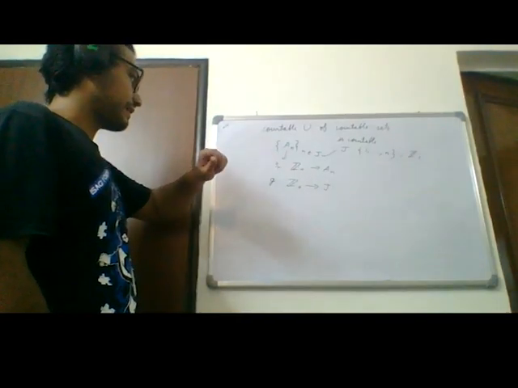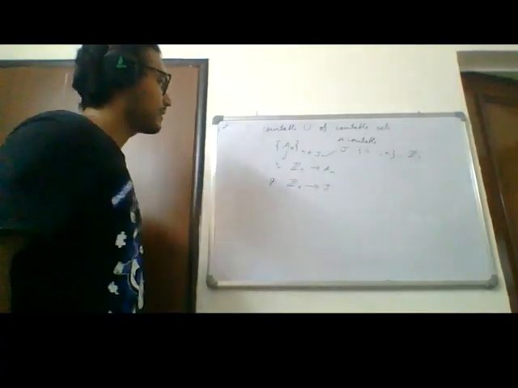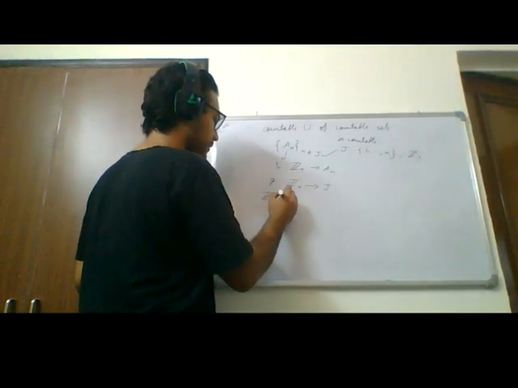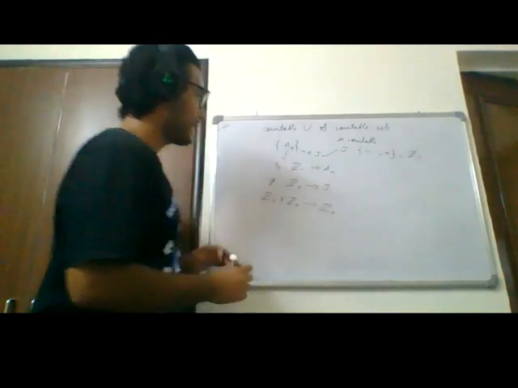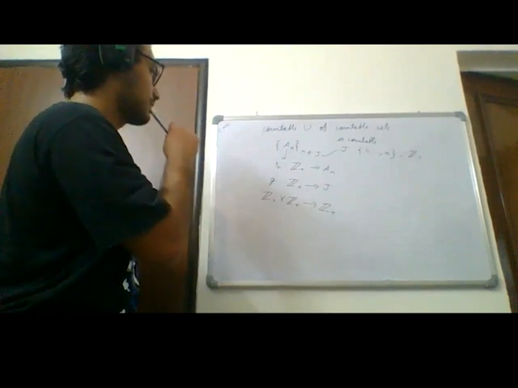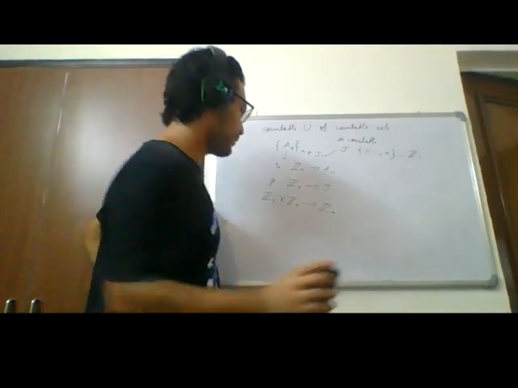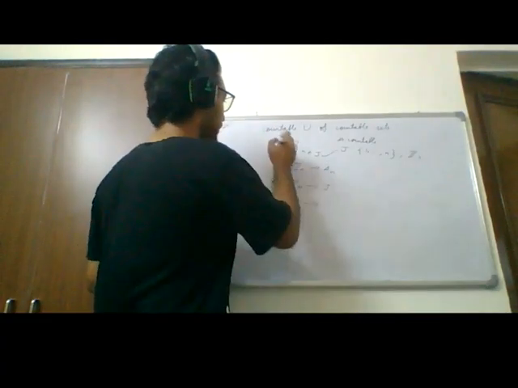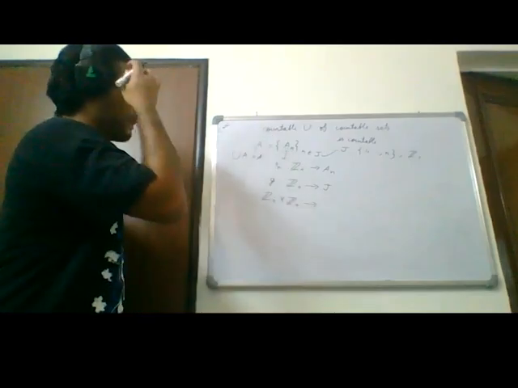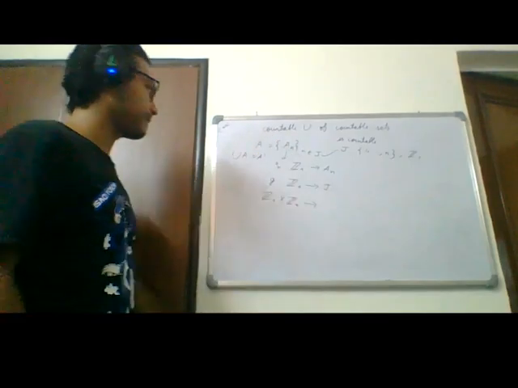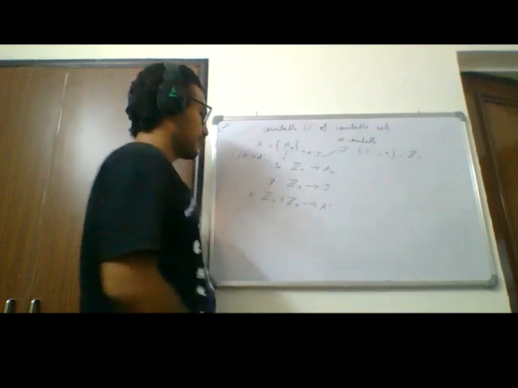So for each j, we have an f_n, because they're indexed by this set J. From this, we can get a function from Z plus cross Z plus to the union of A. The union of A is essentially the collection of all the members of each A_n.